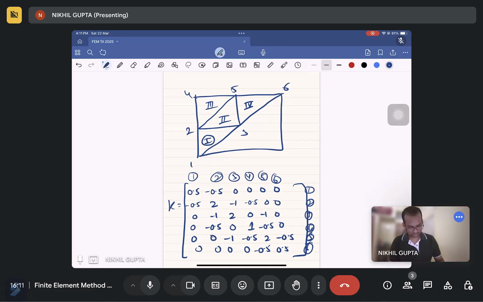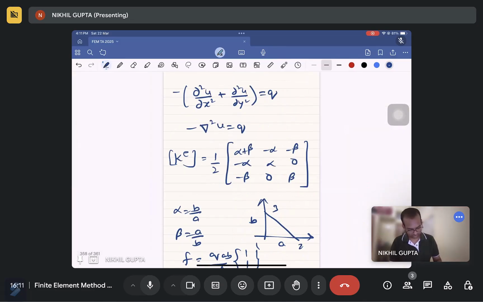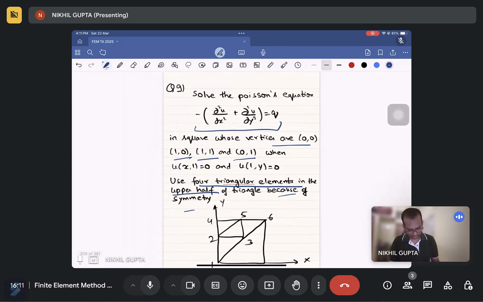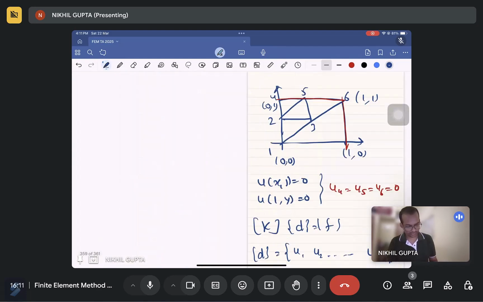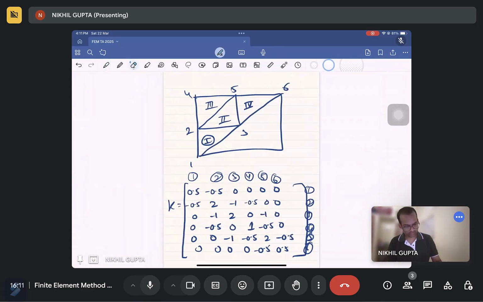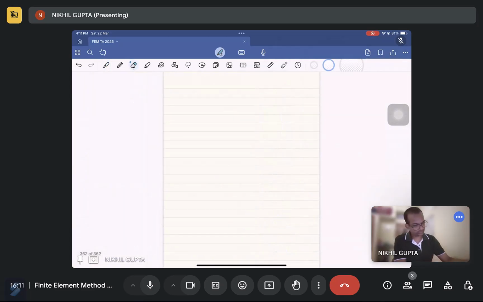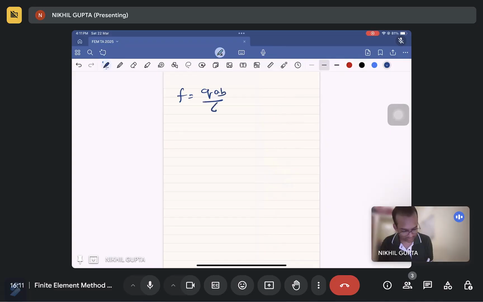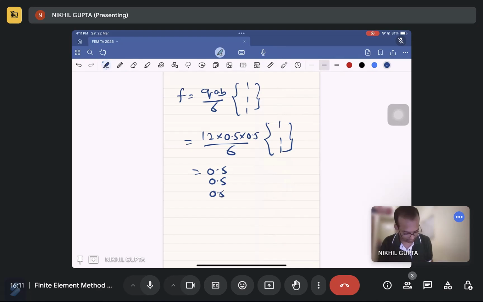So what they have asked in the question is that we have to solve this equation. Similarly, the f vector we can also write, which is given as qab by 6 times [1 1 1]. With a and b as 0.5, this will come out to be 0.5, 0.5, 0.5.